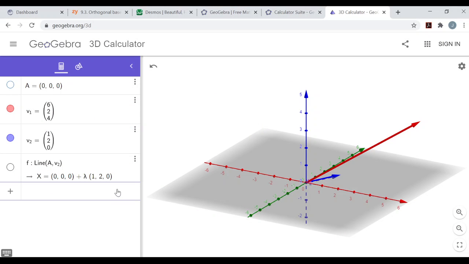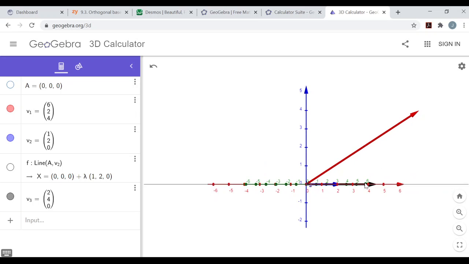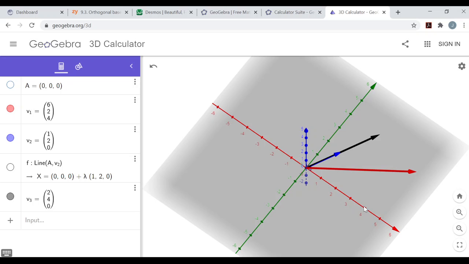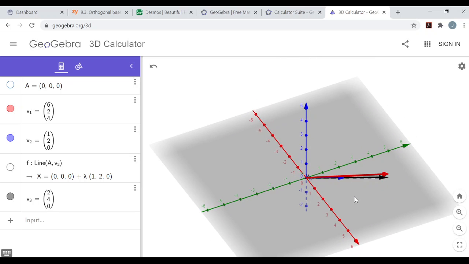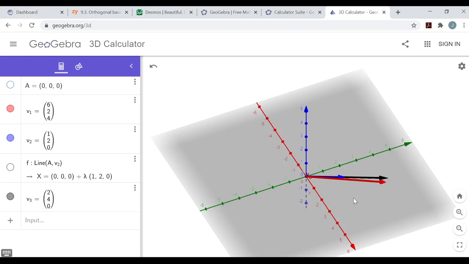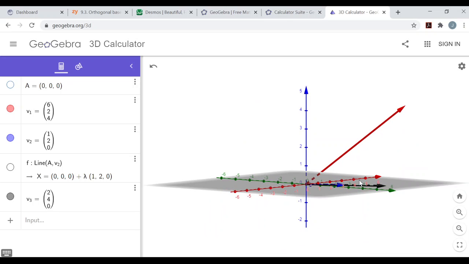So I'll enter that here. I'll call it vector 3, equals 2, 4, 0. All right, and now you see that's in black. Now look, see how that is? It's just twice vector v. And I don't know, the lining up of the tips doesn't really help.